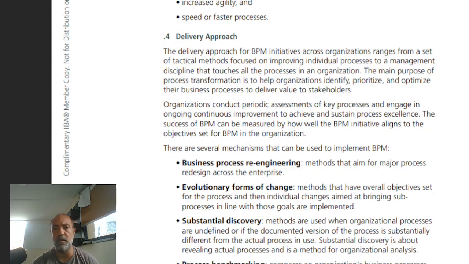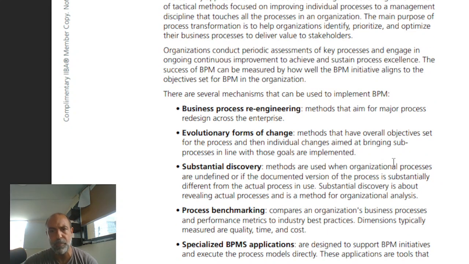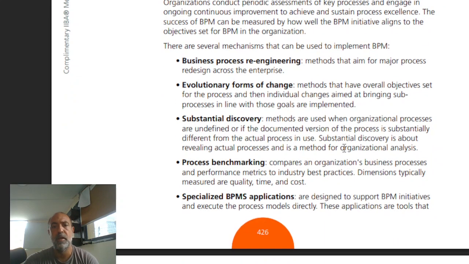And there are several mechanisms that can be used to implement BPM. Business process re-engineering: we look at the process and we re-engineer it from a different angle in order for us to redesign it differently. Evolutionary change uses methods that have overall objectives set for the process, and then individual changes aimed at bringing sub-processes in line with those goals are implemented.